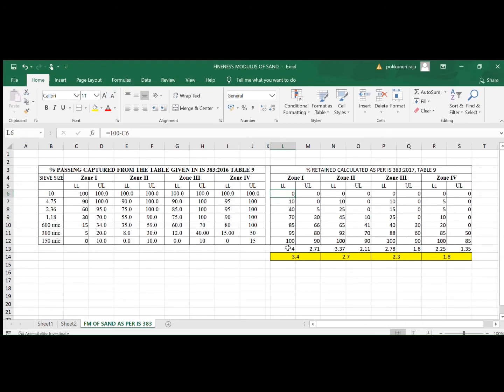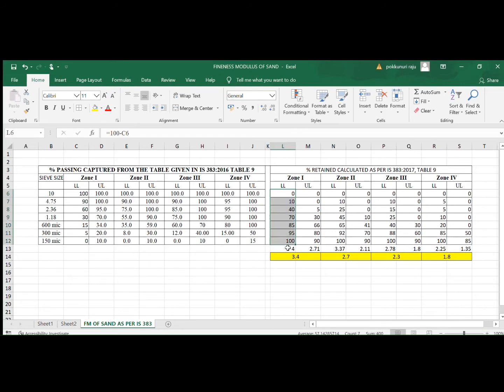Now, in order to calculate the fineness modulus corresponding to each zone, representing the upper limit and the lower limit, the fineness modulus is generally defined as the sum of the percentage retained on each sieve divided by 100.